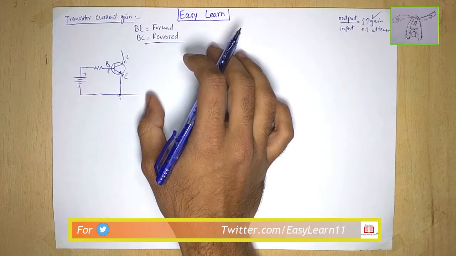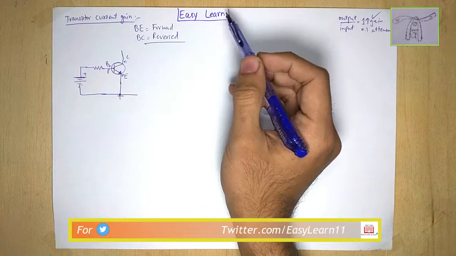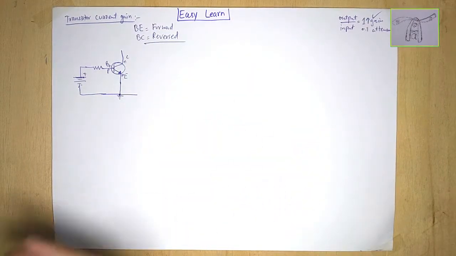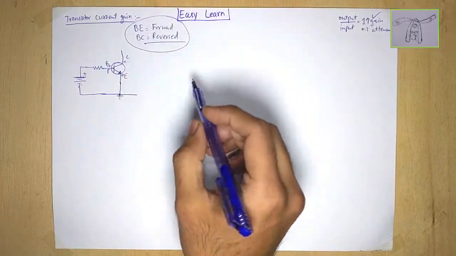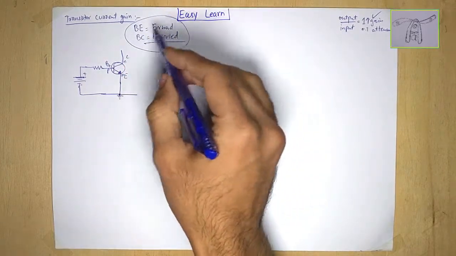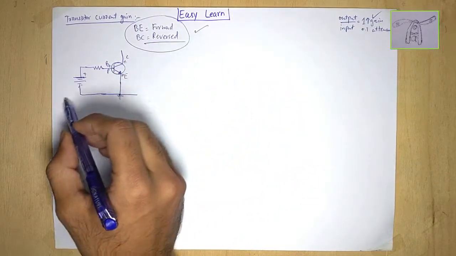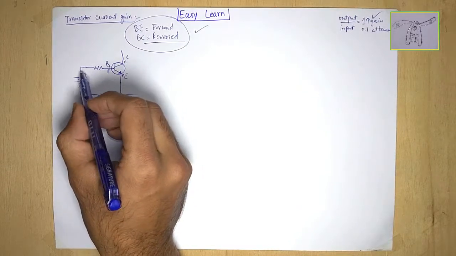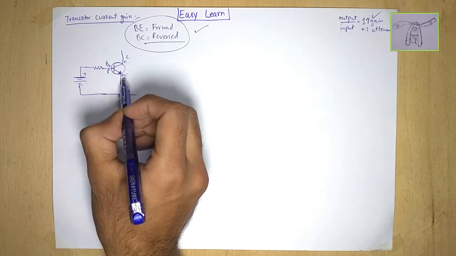I know there are further conditions also available: both can be forward biased, which is the saturation region, both can be reverse biased, which is the cutoff region, and so on. But we are discussing the amplifier right now, so these conditions must be fulfilled in order to operate the bipolar junction transistor as an amplifier.